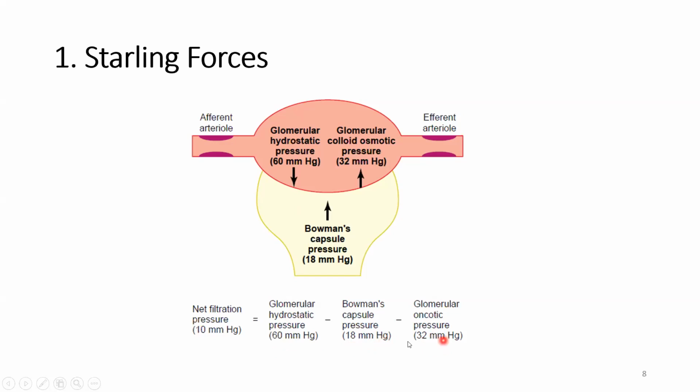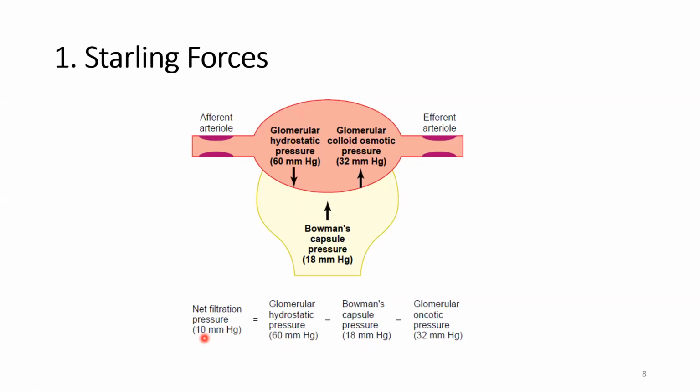These two are anti-filtration. You just subtract them from the one pro-filtration force, you get a value of 10 mmHg. And this 10 mmHg, remember, looks like a small figure, but it's not. It is a continuous process.